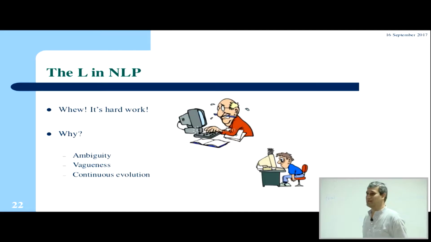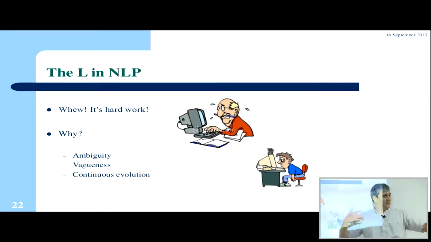So, it's hard work. Why is all this hard work? It's language, right? You use it day in, day out, 24/7. It's still hard due to the ambiguity. There's so much ambiguity built into language that we humans find it difficult to disambiguate. What about the computers? You have to teach.